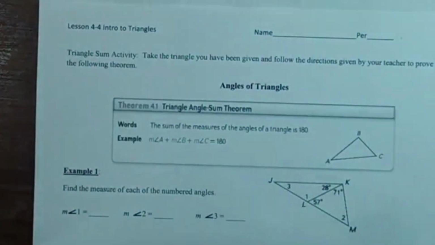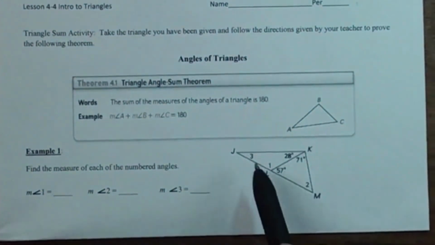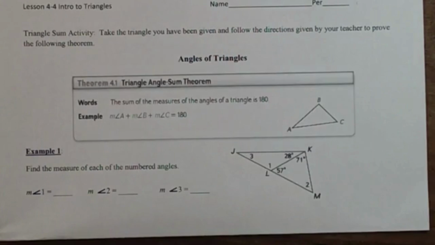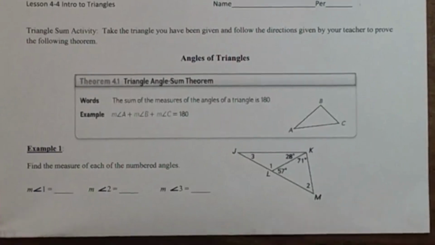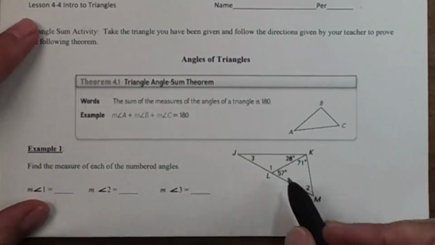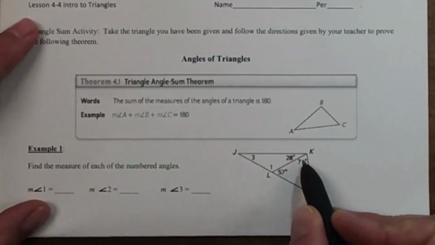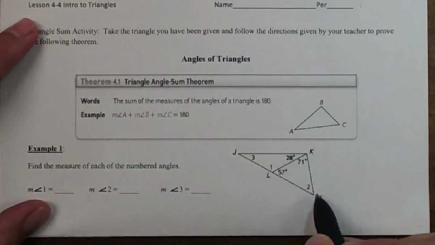Here we go. We have a lot of triangles in here. We have three that we can look at. If we say the measure of angle, let's do the measure of angle 2, that would be nice. We see angle 2 is a part of this triangle KLM.